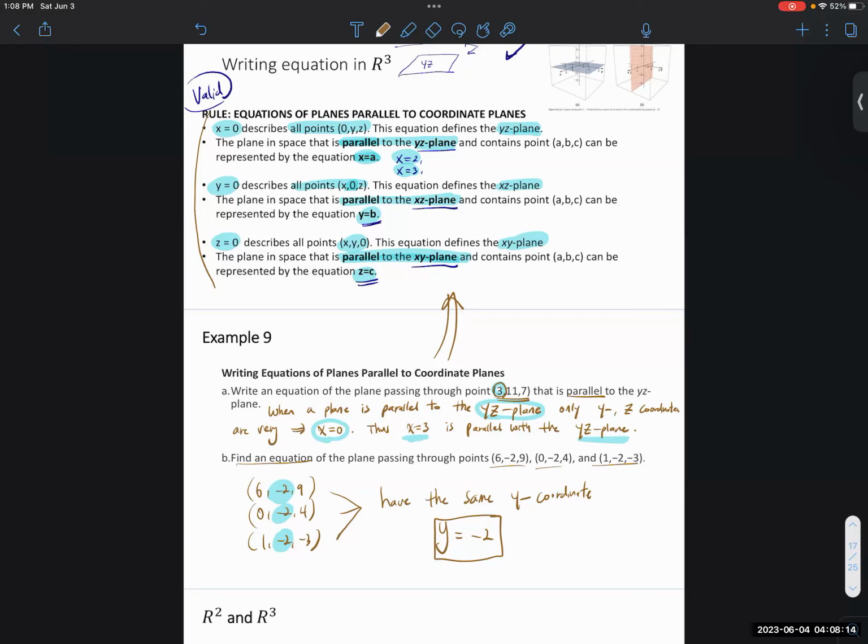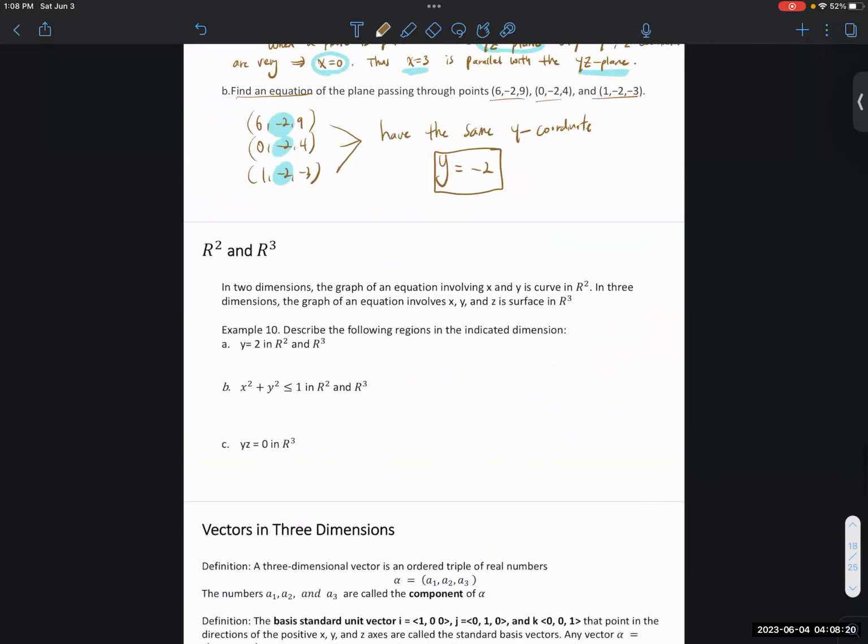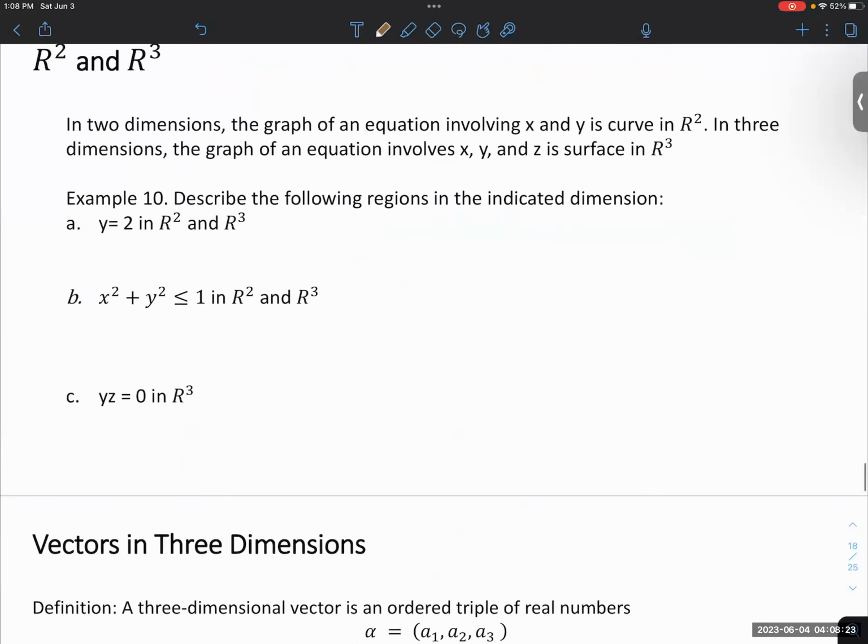Okay, so let me show you more examples so we can build up a better concept. So here we go. In 2 dimensions, the graph of an equation involves X and Y only, but in 3 dimensions, we involve X, Y, Z. Describe the following region in the indicated dimension. Y equal to 2.